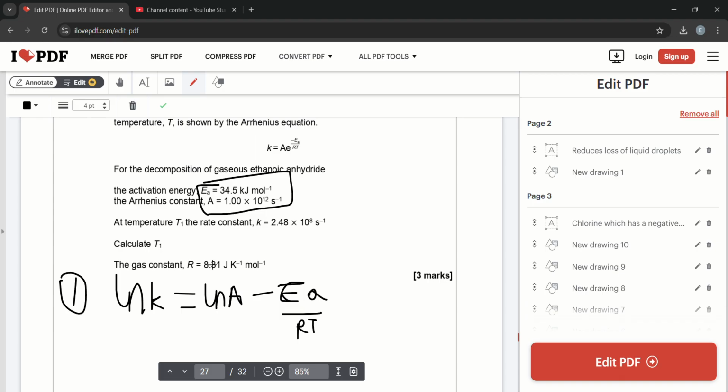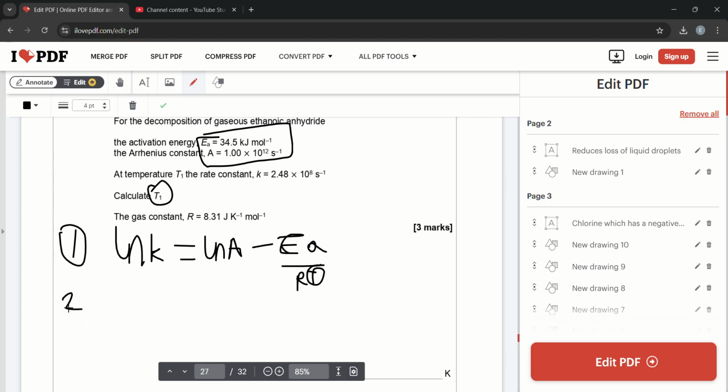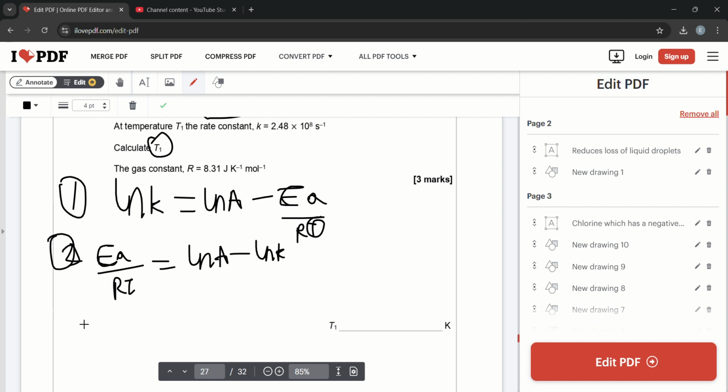So now what do we actually want to find? We want to find the temperature, which is here. So we can do Ea over RT equals lnA minus lnk. Then we can do Ea equals (lnA minus lnk) brackets RT.